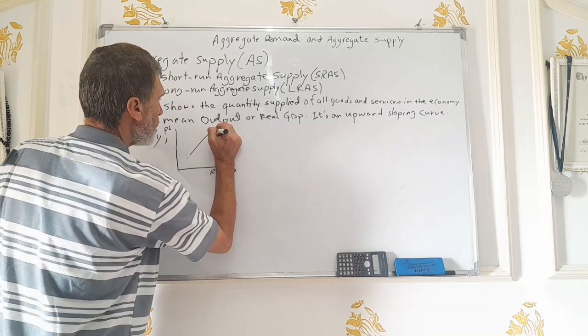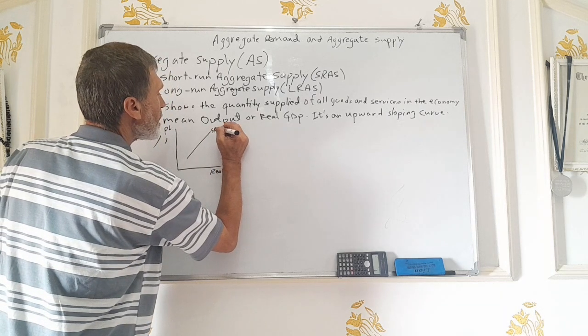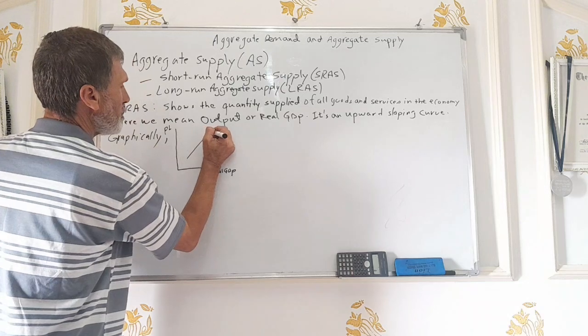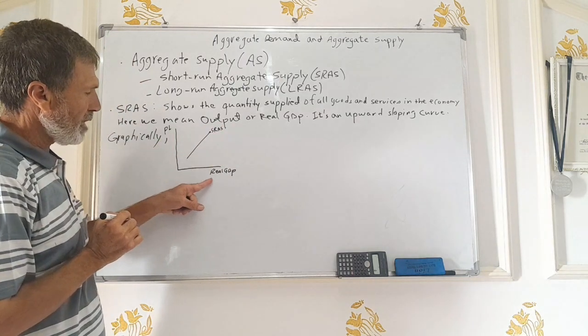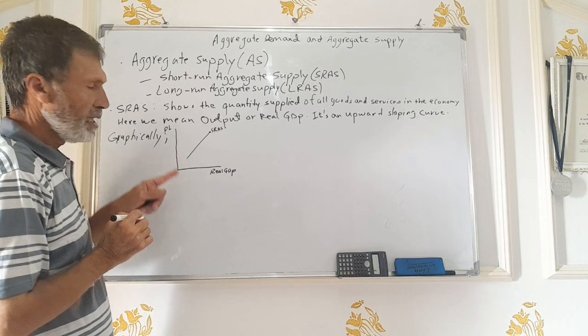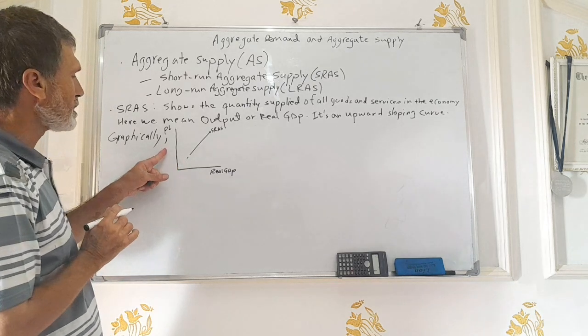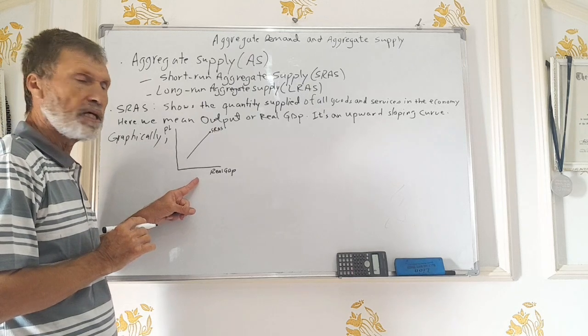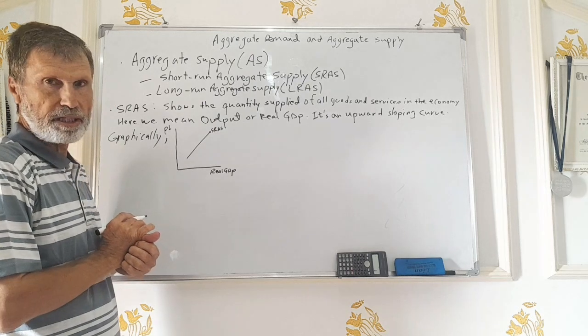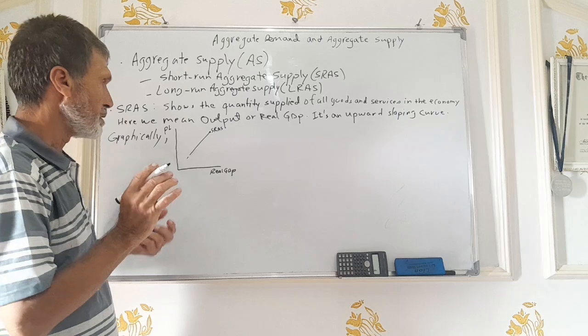This is short run aggregate supply. Price level along the vertical axis and real GDP. So as you can see, there is a positive relationship between the price level and real GDP. As the price level increases, the quantity supplied of real GDP will increase, ceteris paribus.